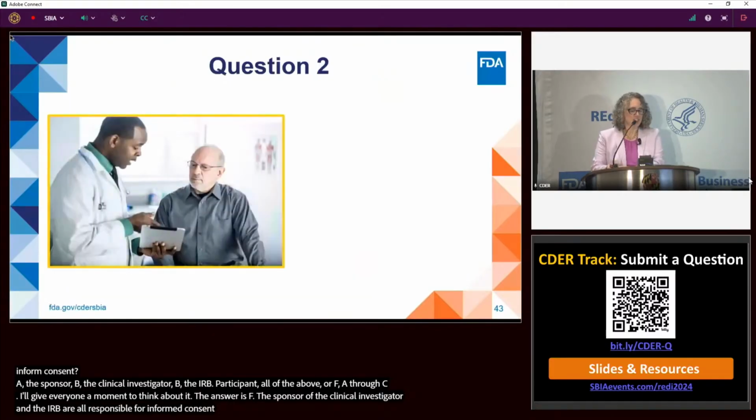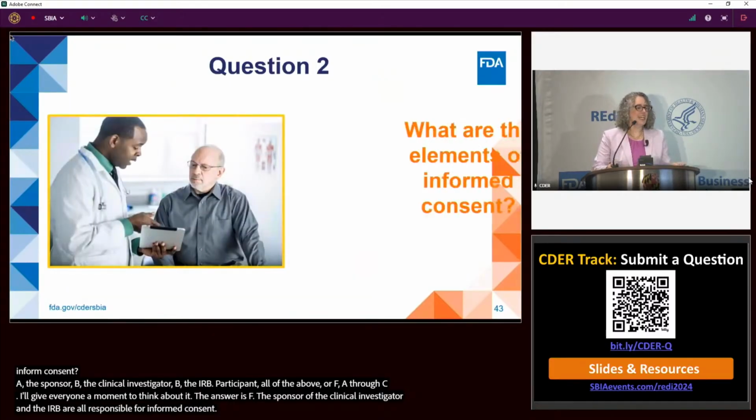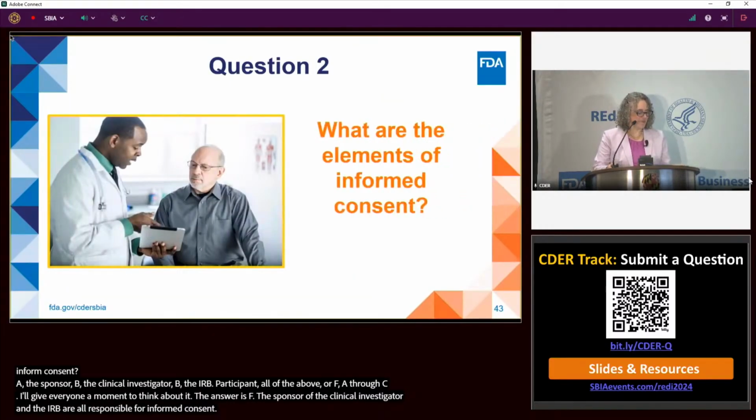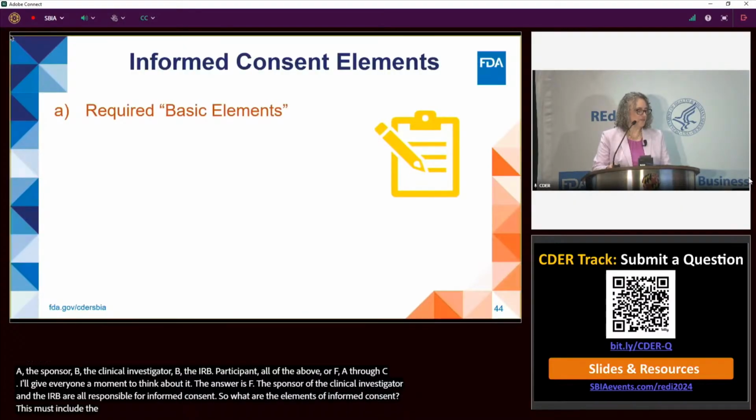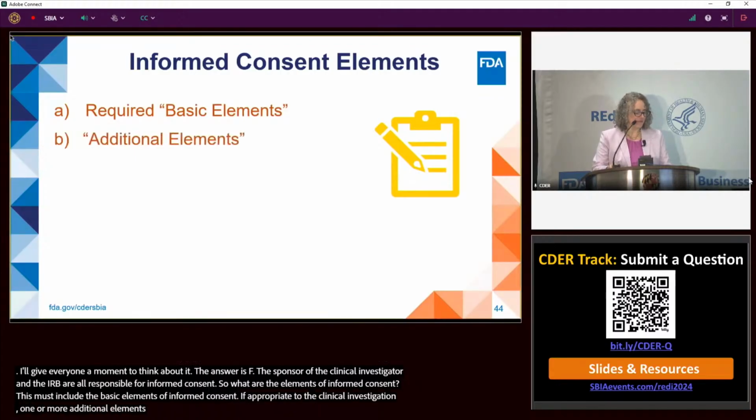All right, so another question that we sometimes hear, what are the elements of informed consent? The informed consent process and consent form must include the basic elements of informed consent. If appropriate to the clinical investigation, one or more additional elements of informed consent must also be addressed.